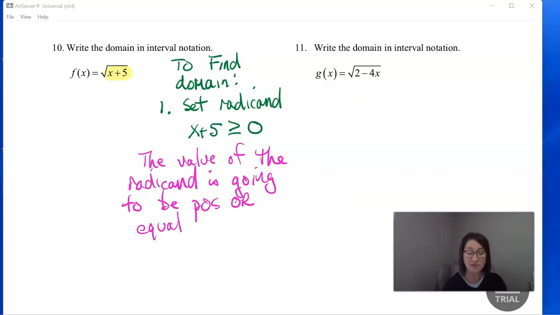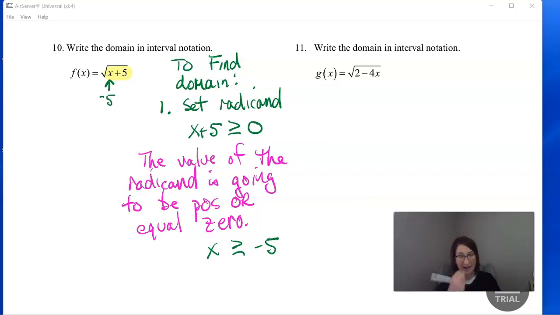And either one of those things are fine. We're fine, okay? So going back to solving this, I would have x is greater than or equal to negative 5. So right here, if I substitute a negative 5 in for that x value, I would get the square root of 0, and that's fine.